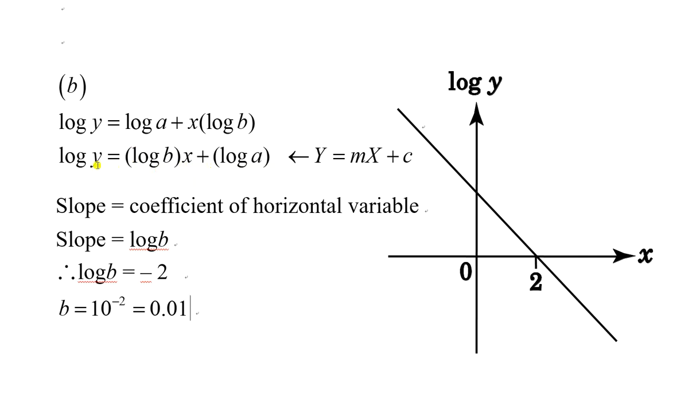The key point is you need to make the vertical variable on one side. On the other side, you need to make it as something like a constant times the horizontal variable plus another constant. You need to change it into capital Y equals m times capital X plus c, something very similar to slope-intercept form. So the slope would be the coefficient of the horizontal variable.